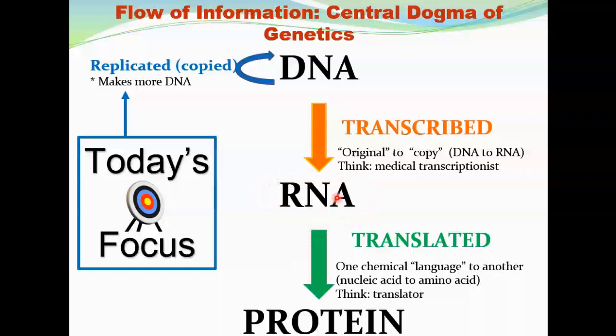So the RNA is what a ribosome will use to translate this information into another language, another chemical language, from nucleic acids to amino acids to make a protein. So I want you to think of a translator who literally takes those instructions and translates them into another language for somebody to understand better. Before we can do any of this, you need to understand how this first part happens. So that's what we're looking at today.